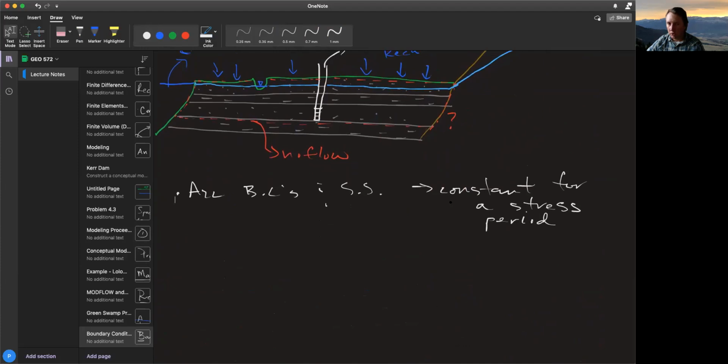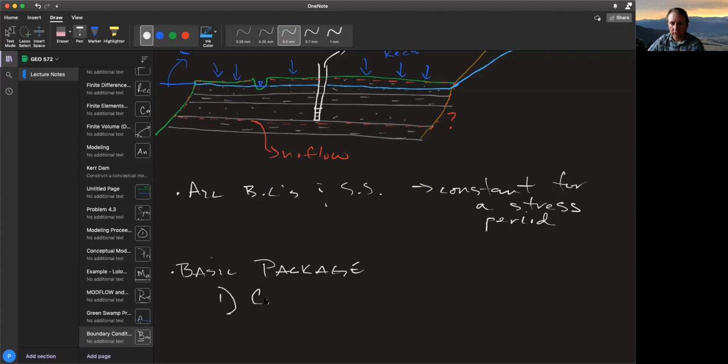Also, MODFLOW does everything in packages. The first package we're going to consider is the basic package, and the basic package allows us to define basically two types of boundary conditions.